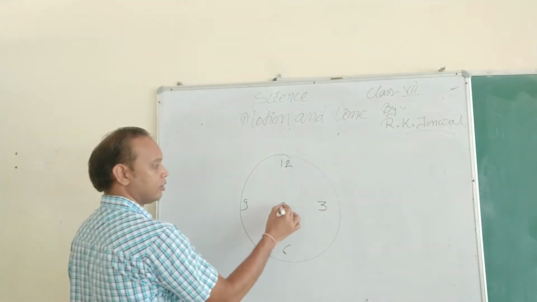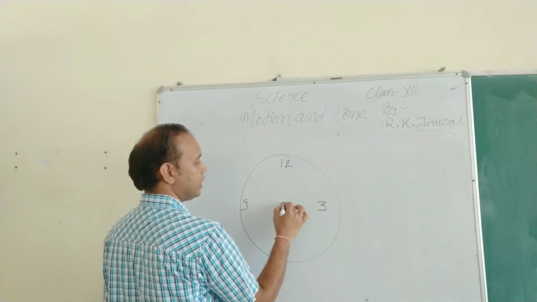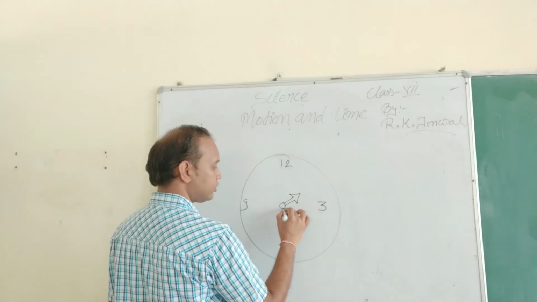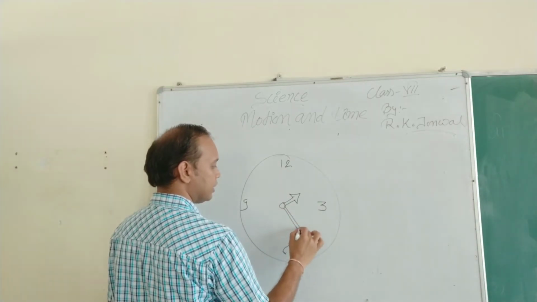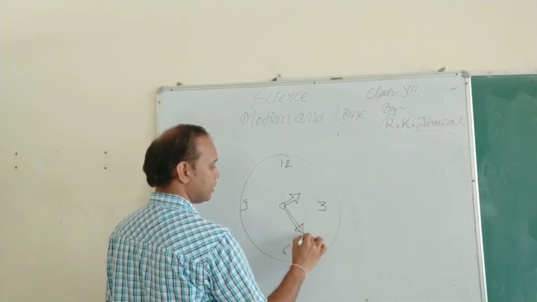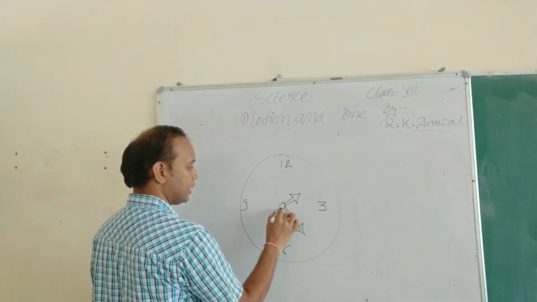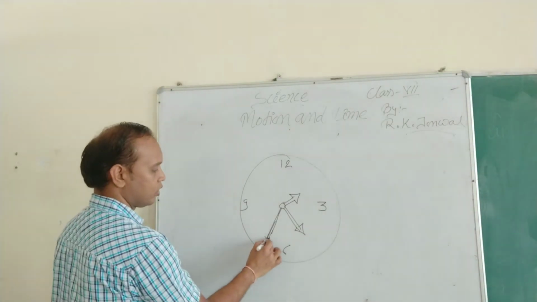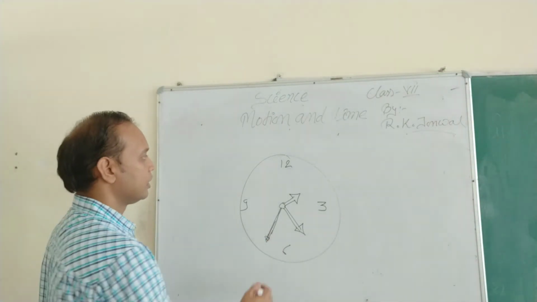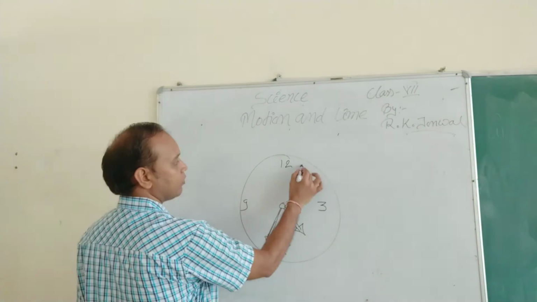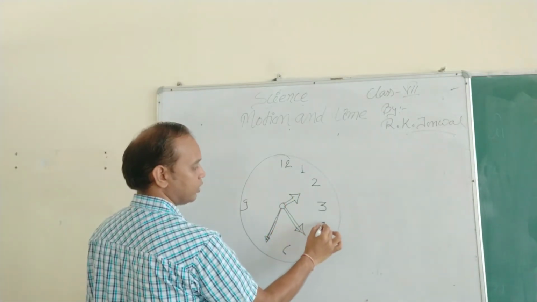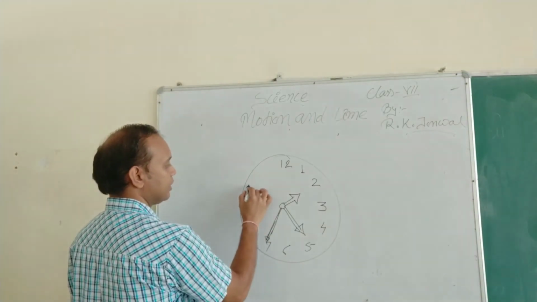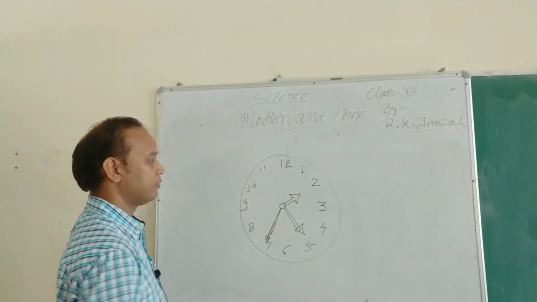One needle is a small needle, that is the hour needle. One is a large needle, that is the minute needle. And another one is a thin and long needle, that is the second needle. So here are 3 needles in this watch. 1, 2, 3, 4, 5, 6, 7, 8, 9, 10, 11 and 12.